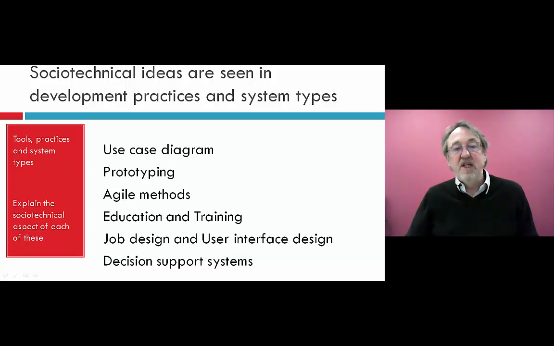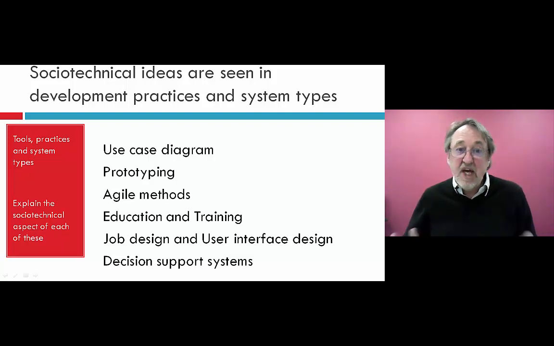Let's take an easy one as an example, prototyping. If you've studied for the course, you'll have the idea that it's often a good idea to build a test system, as it were, to try out your ideas, gain more feedback, help users buy into a project, help them express their specific needs, but also make them feel more valued and more taken into account as a systems development project goes ahead.